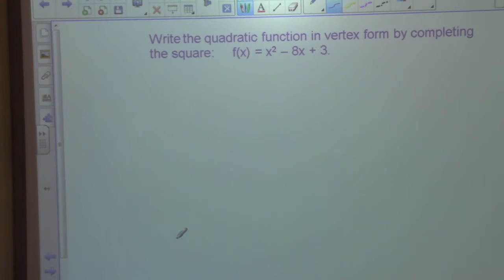Okay, next, completing the square. Write the quadratic function in vertex form by completing the square. Does anybody remember about completing the square in this class? A little bit. Yeah, so just try to work that one out. Well, go over it here a little bit.